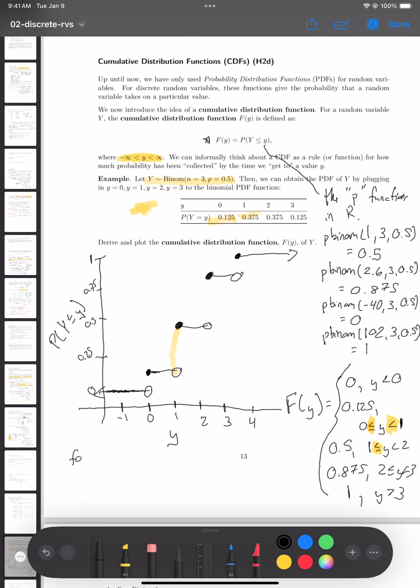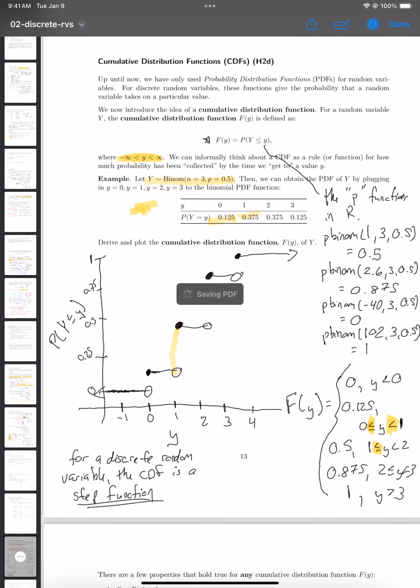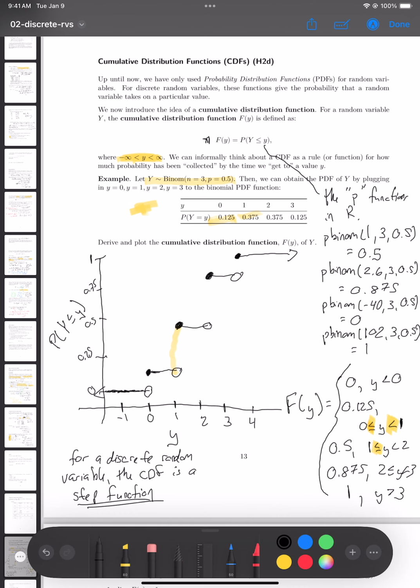For a discrete random variable, notice that, and this is true for all discrete random variables, the CDF is a step function. It's a step function, meaning that you get this flat shape with different steps.